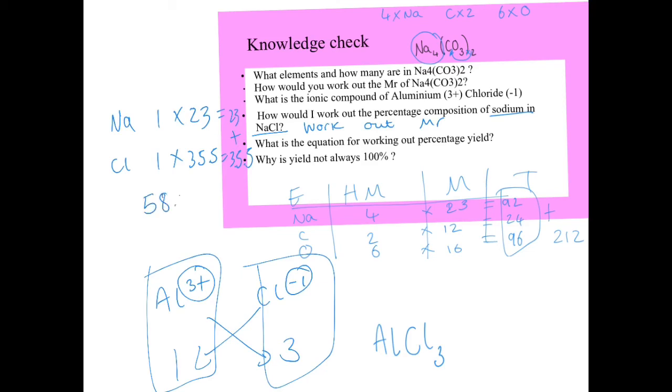That gives you 58.5, and then it says work out the amount of sodium, so you do 23 over the total, so 23 over 58.5, and then times it by 100. And that gives you 39.32%.